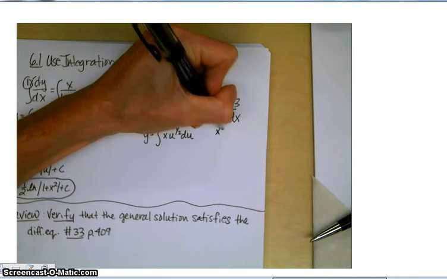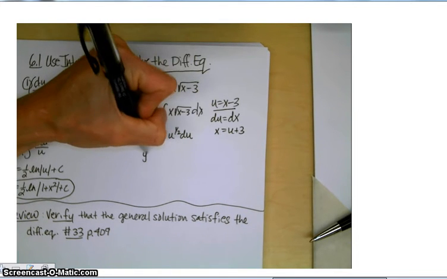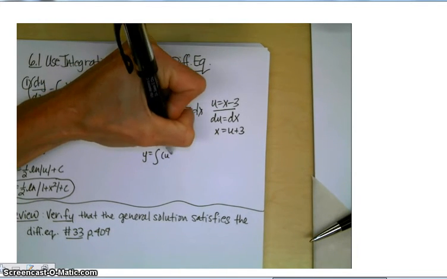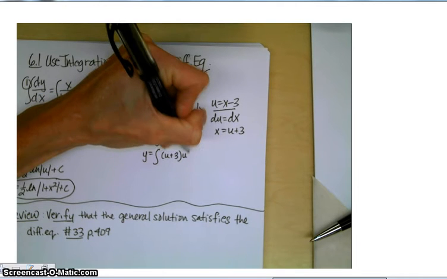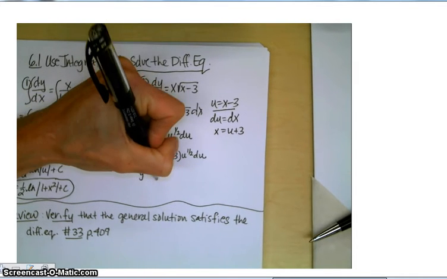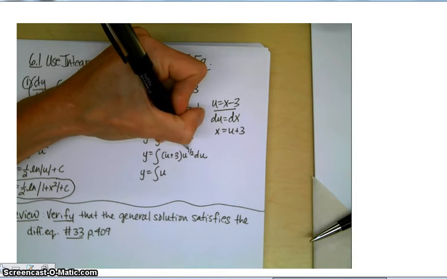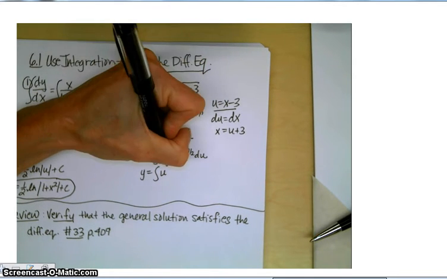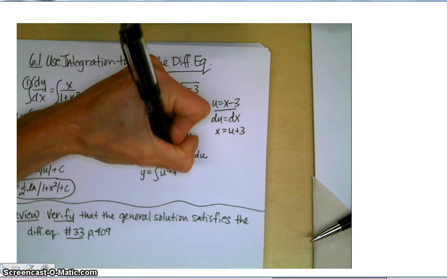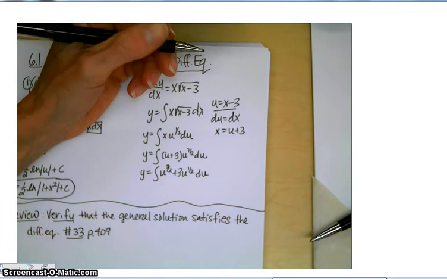Now I can easily switch out this x using this equation. I know that x is u plus 3, so I can rewrite this now as the integral of u plus 3 times u to the 1/2 du. I can then distribute that. When I multiply u times u to the 1/2, I add the exponents and get u to the 3/2 plus 3u to the 1/2. And now the antiderivative is very simple. It's a power rule.